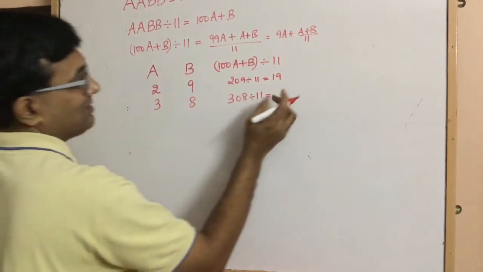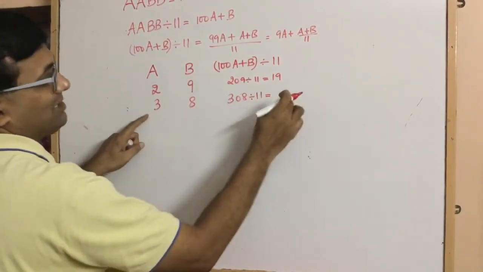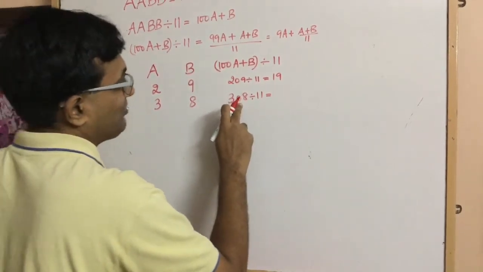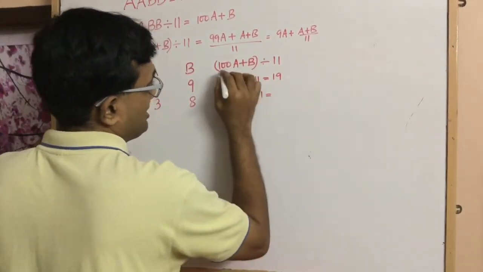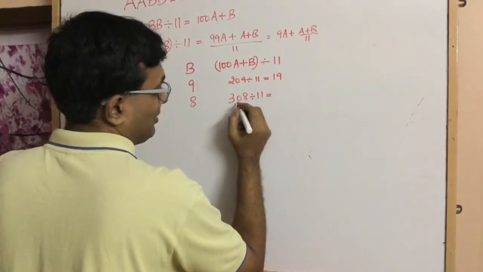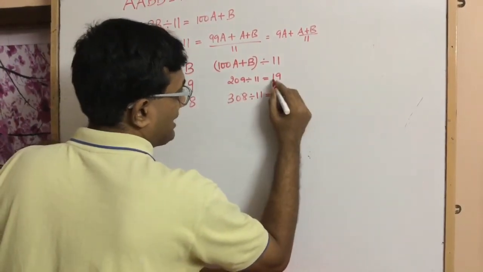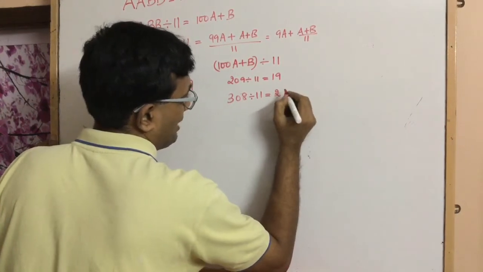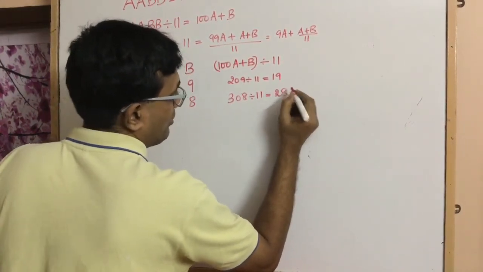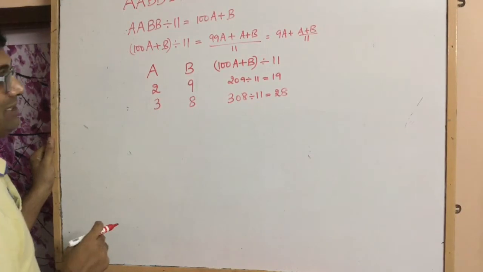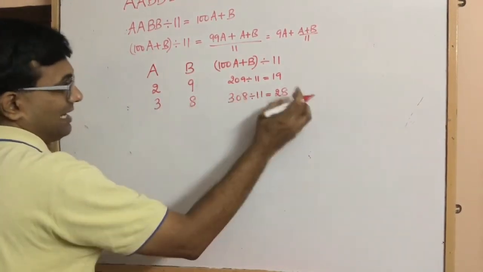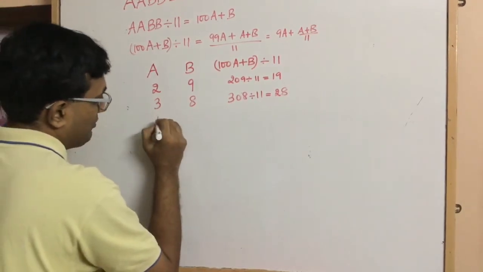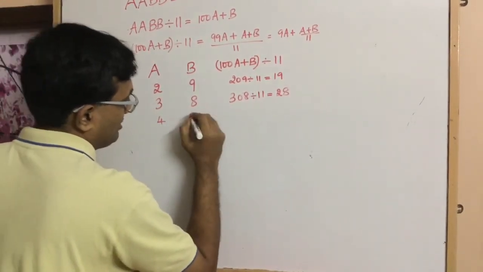We would expect a similar pattern here, because the 10th place value is 0, since it's 100 times A plus B. So we would expect an increase by 1 here and a decrease by 1 here, which gives 28. 28 is not a perfect square, so 3388 is not the number we are looking for. So we could carry this forward.